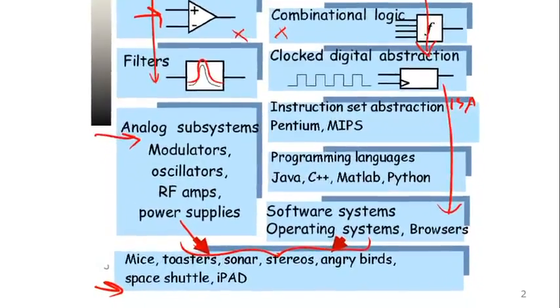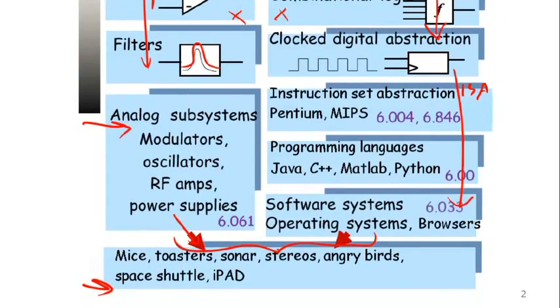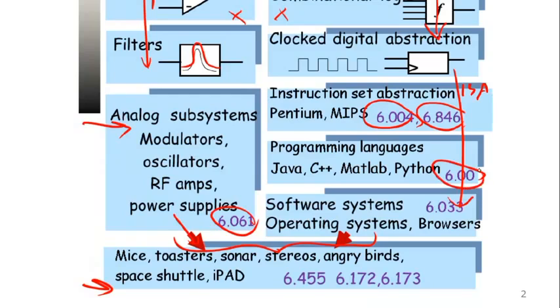Just to show you why this large map here pretty much covers the typical EECS curriculum, notice that a course at MIT such as 6061 will cover power supplies. A course such as 6004 or 6846 will cover computer architecture and parallel computing. A course such as 6002 will cover introduction to programming. A course such as 6033 will cover basic software systems.